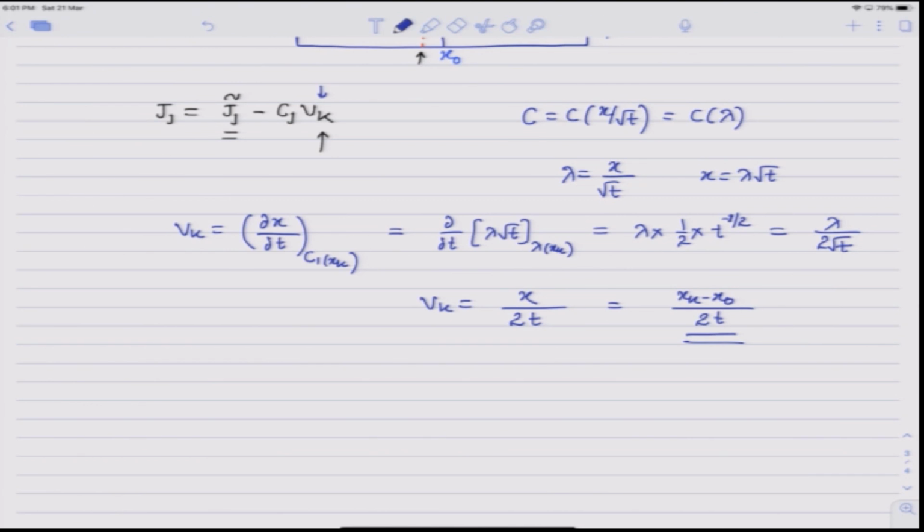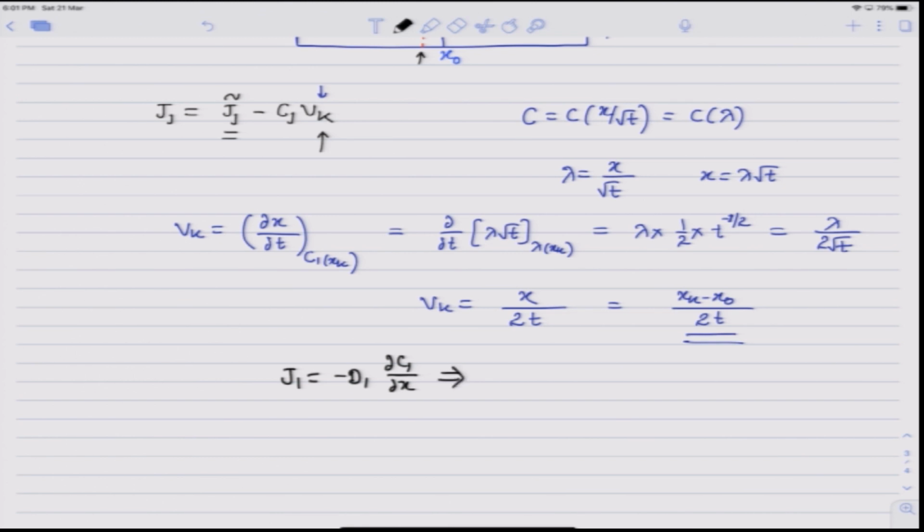And so once we know J1 tilde, C1 and Vk, we can find out J1. And J1 can be written as minus D1 dou C1 by dou x.